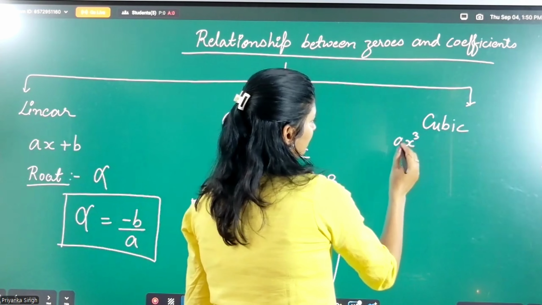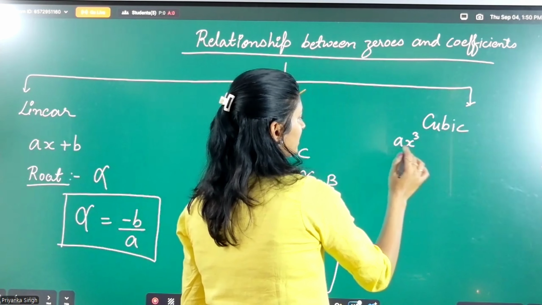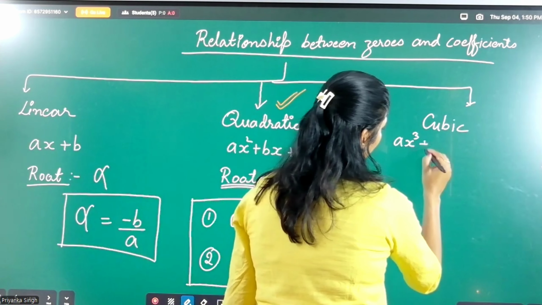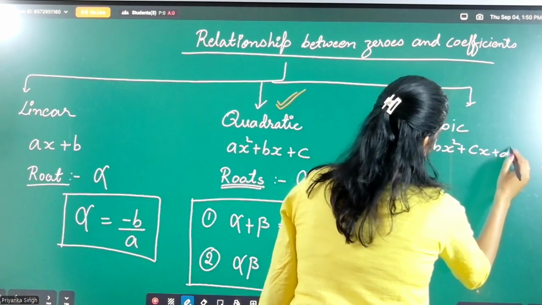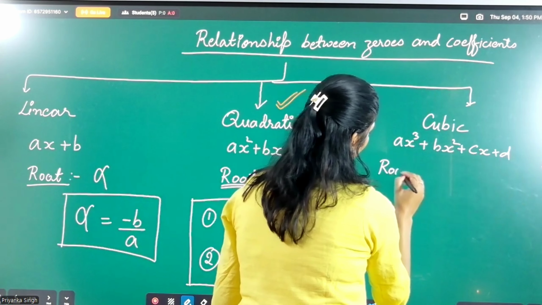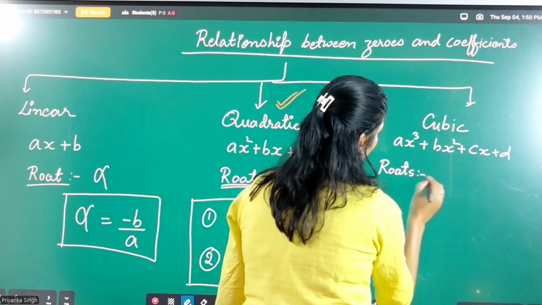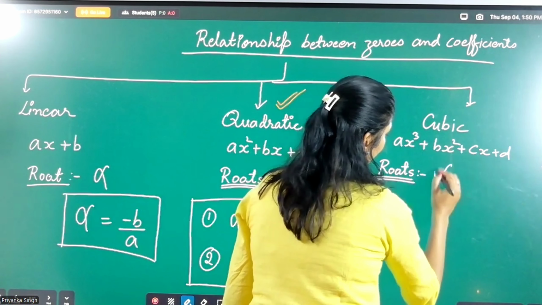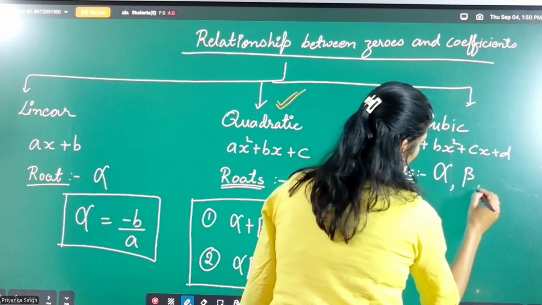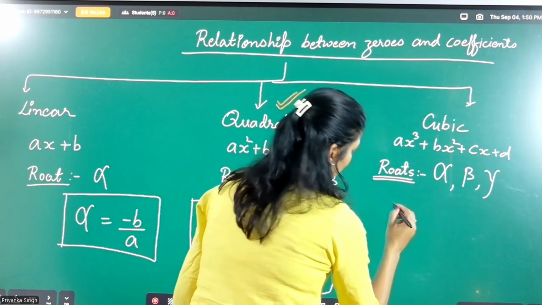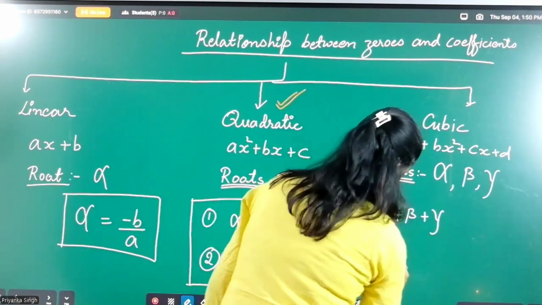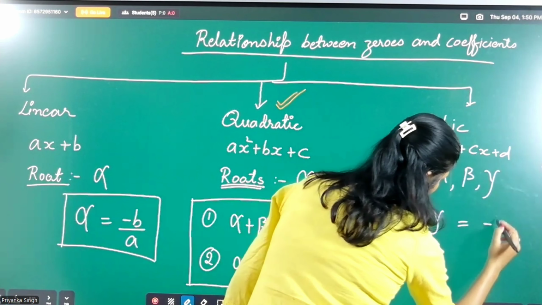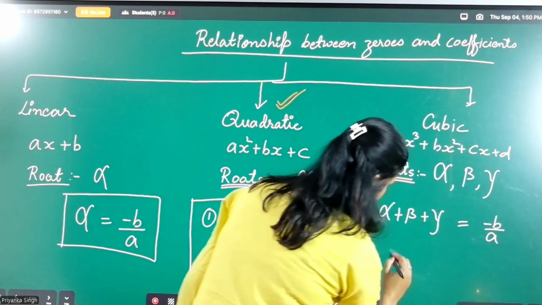The standard form for the cubic is ax raised to power 3 plus bx square plus cx plus d. Since the degree is 3, 3 different roots will be possible. If the roots are alpha, beta and gamma, then alpha plus beta plus gamma will be equal to minus b by a.